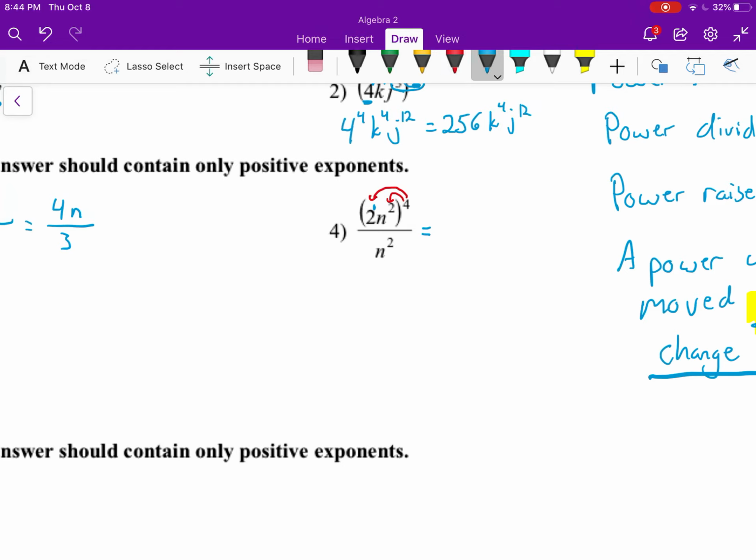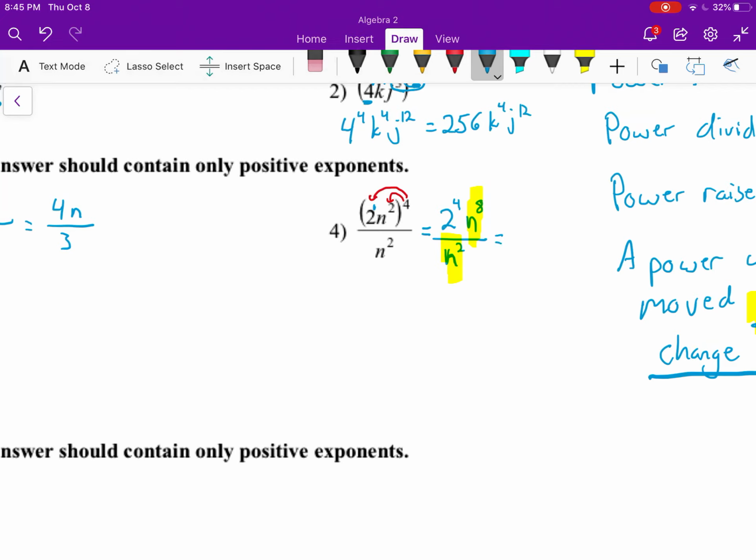So this is going to be 2 to the 4th, and n to the 2 times 4 is 8, over n squared. Well, now we have an n to the 8th and an n squared.